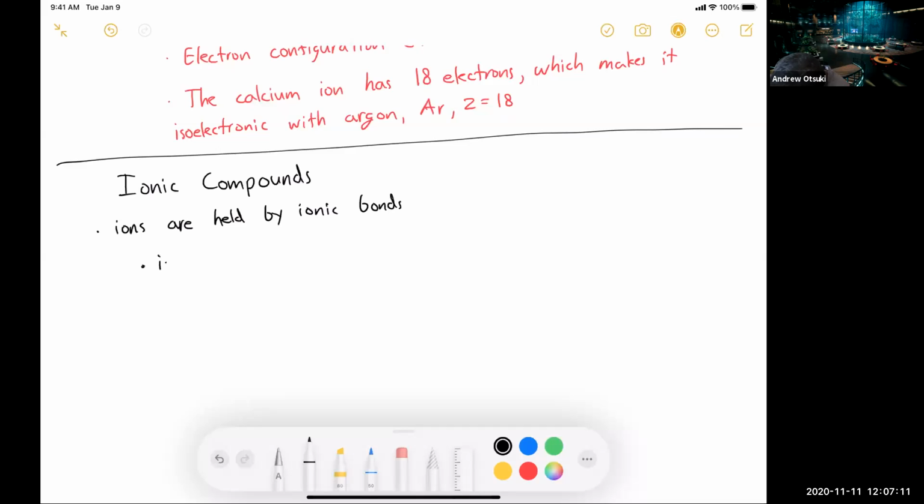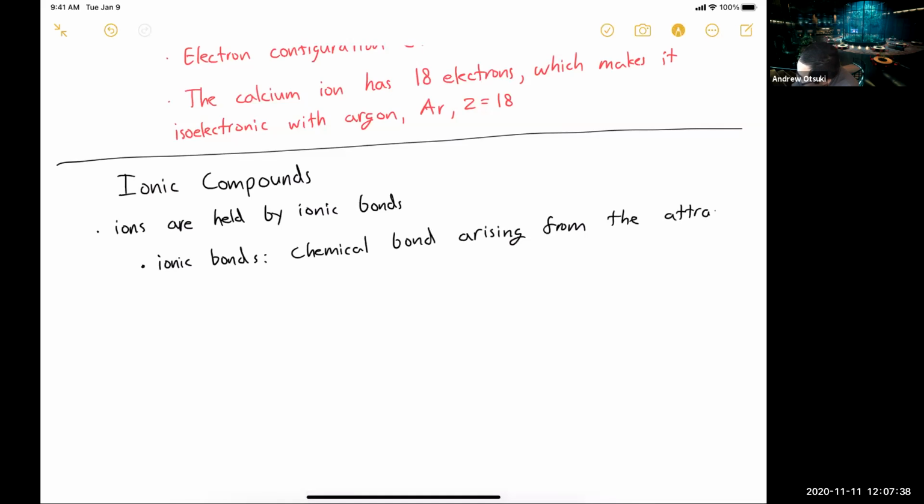So an ionic bond is a chemical bond arising from the attractive forces between oppositely charged particles.